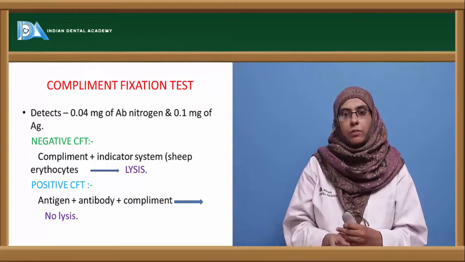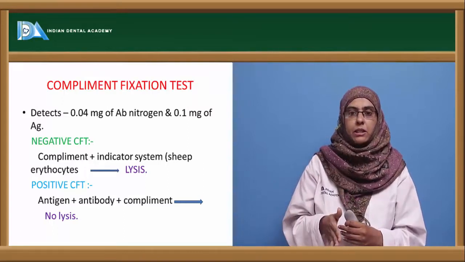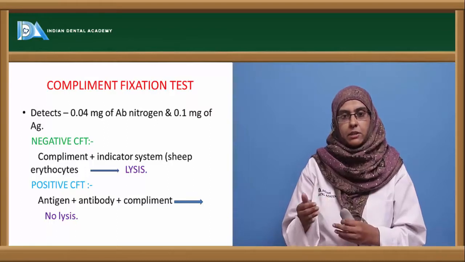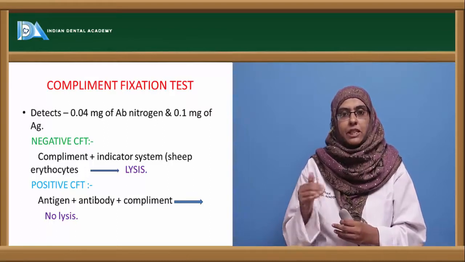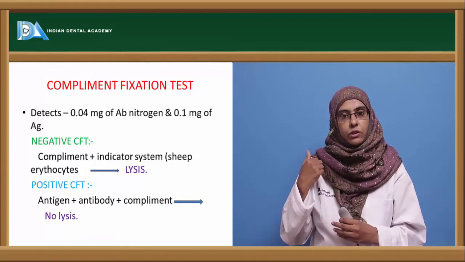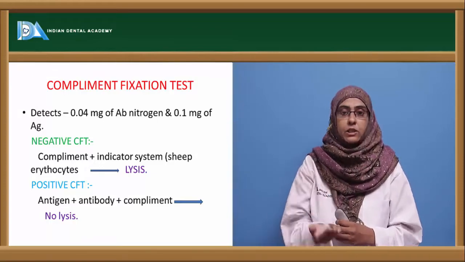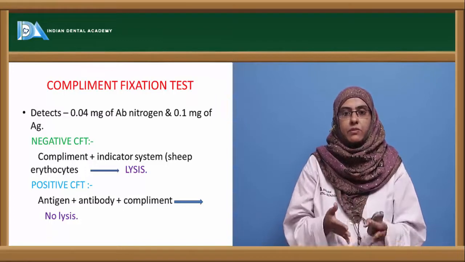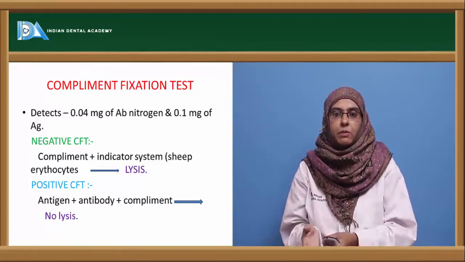Next we add the sheep RBCs along with the antibodies. The result can be estimated depending upon the lysis. If there is a lysis, that means the complement was not fixed, which means the antibody is not specific towards the test antigen. If the complement is free, it is able to cause the lysis of the sheep RBCs.